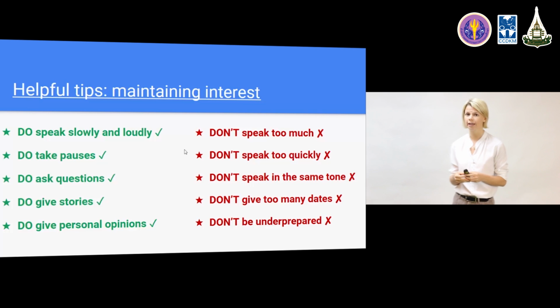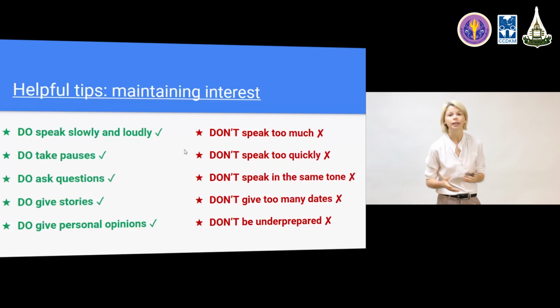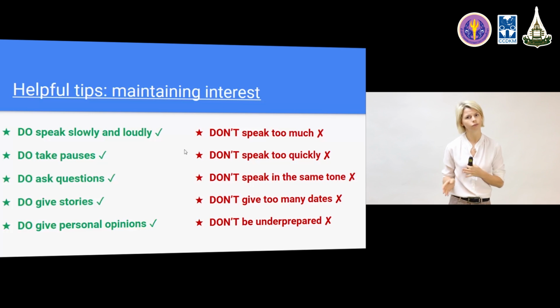Thai language is a tonal language where you use tone to show different meanings of words. Now, English is not a tonal language, so we do not use tone to change the meaning of a word.